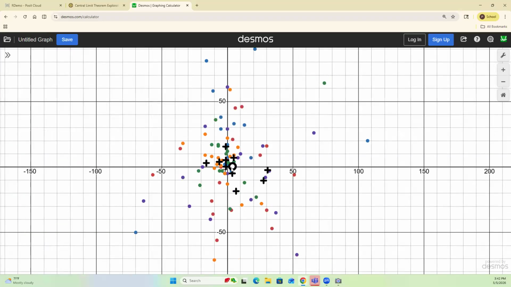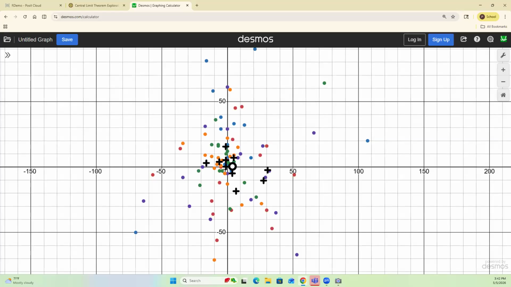Do they look fairly centered at the same spot? They should, because that's what the central limit theorem tells us, right? Since the sample sizes are a little different, it might not work out to be exactly the same.